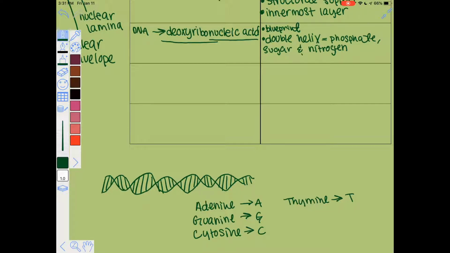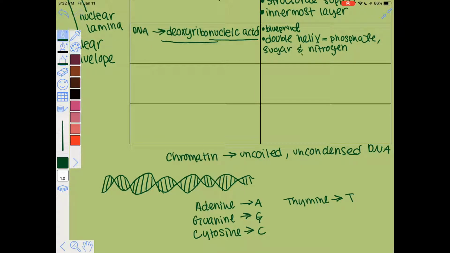Now, chromatin is the uncoiled, uncondensed version of DNA. This is what DNA looks like the majority of the time, and when it's in the stretched out version, it is actually 6 feet long.